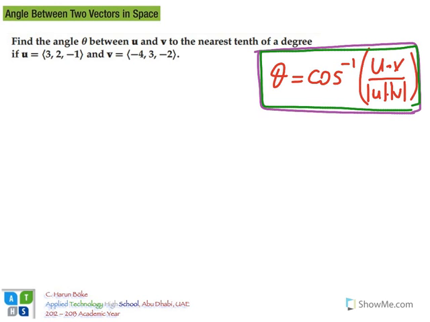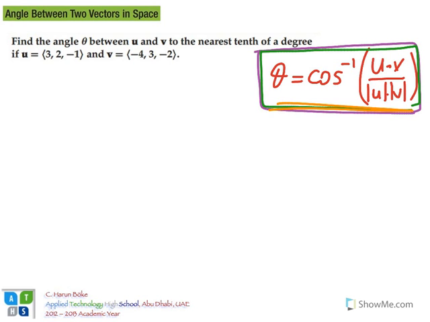Here it says find the angle theta between u and v to the nearest tenth of a degree, which means 1 decimal place, if u and v are given as follows in component form. Now here is our formula.